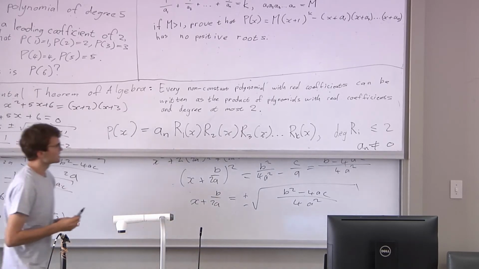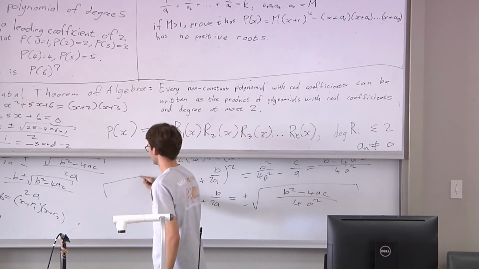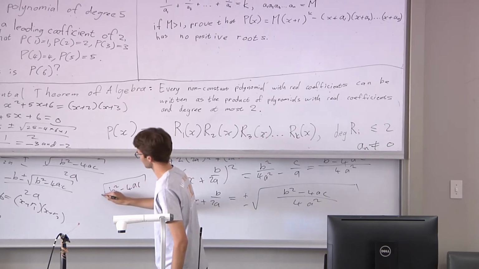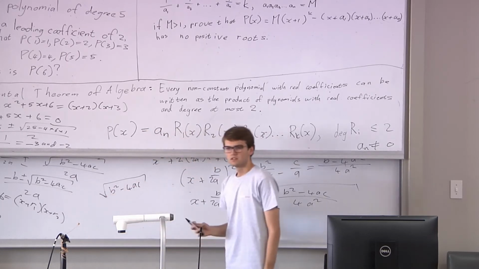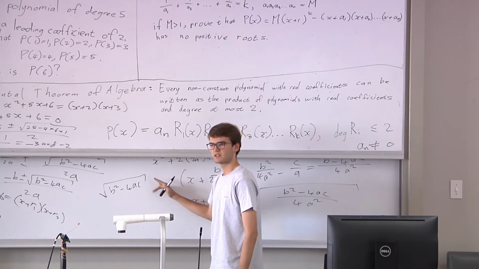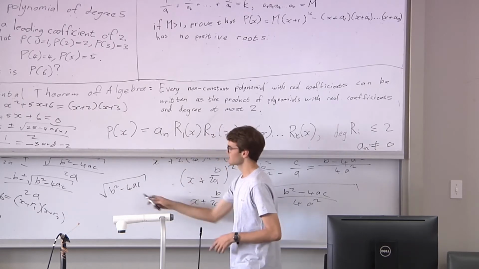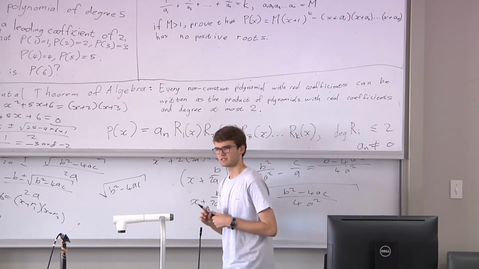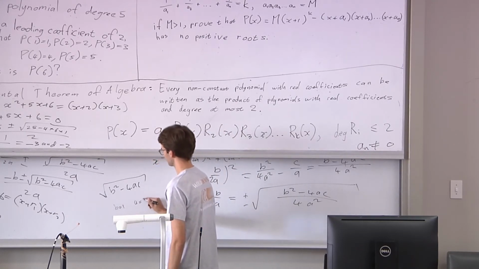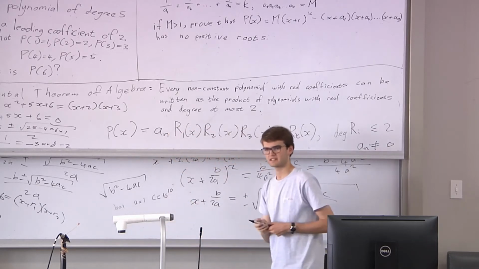Okay, just one thing. So you have this square root of b squared minus 4ac term over here. So for this to make sense in real numbers, you need this value to be positive. But there's nothing stopping it from being negative. You could have, for instance, b equals 1, a equals 1, and c is like 10 to the 10, or something ridiculous like that.